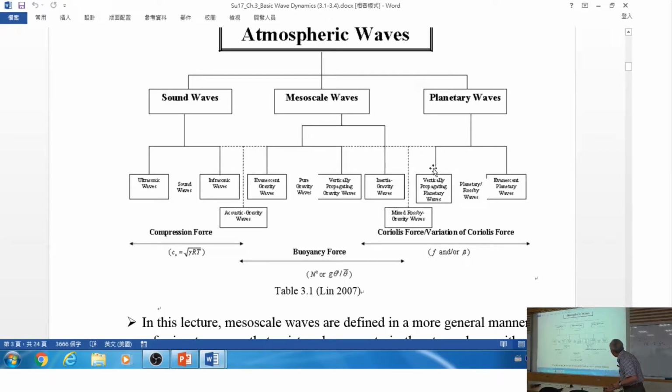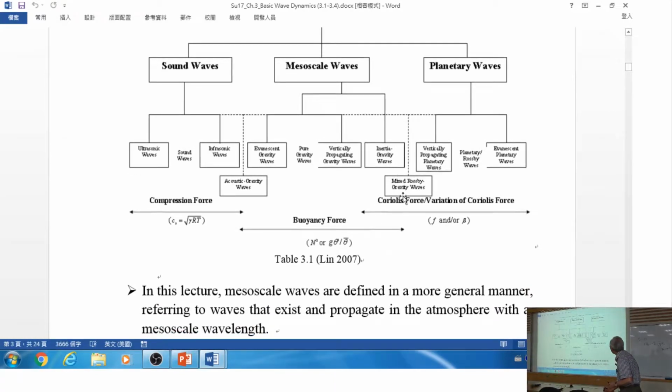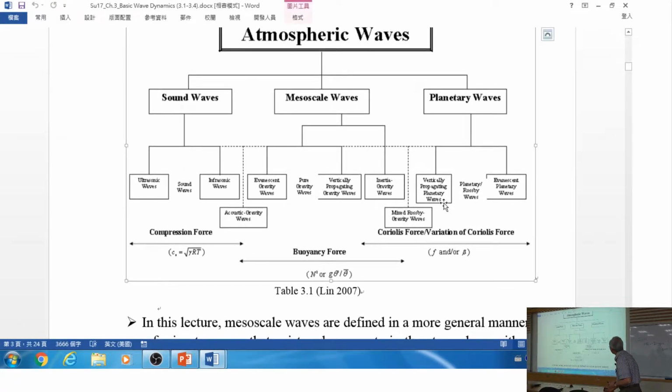On the larger side of the mesoscale waves, rotation becomes important, and then you have inertial gravity waves. Then you have planetary waves, which means beta is important.